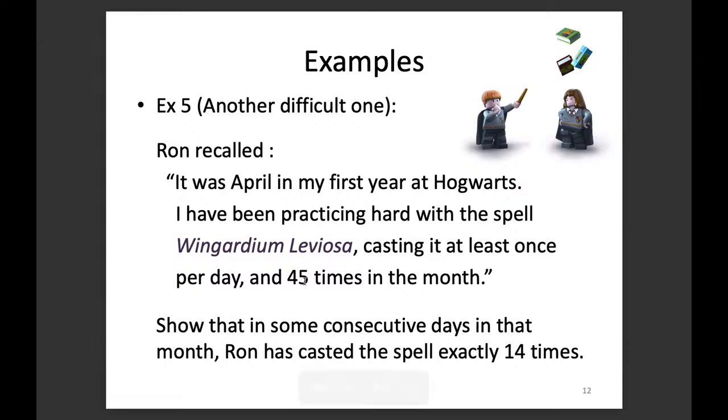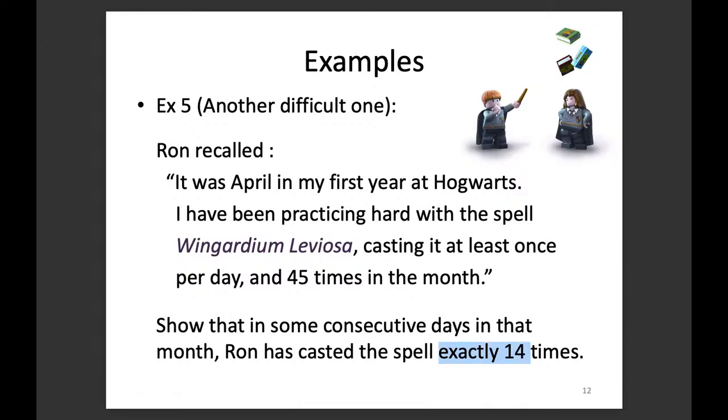So we have just this very basic information about Ron's practice. Based on this information, we can show that in some consecutive days, maybe starting from the 3rd day up to the 11th day or whatever, Ron has cast the spell exactly 14 times. Now this is difficult because we are asking for exactly. So it is not like at least 14 times.